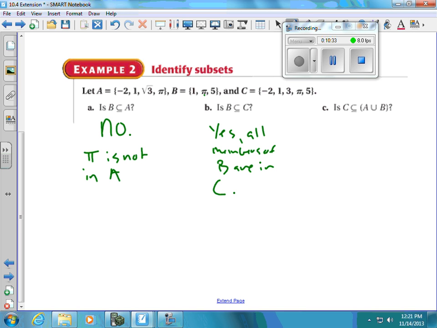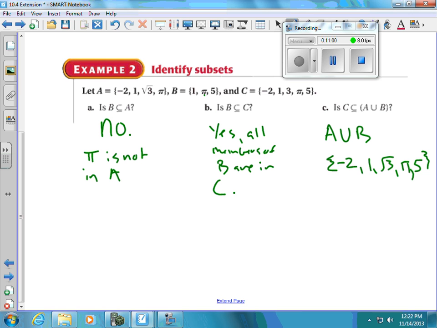Is C a subset, here's a tricky one, of A union B? So we have to do a little side work. First of all, we have to do A union B. A union B is going to be everything in A and everything in B put together. So that's -2, 1, square root of 3, pi, and 5. So is C a subset of that?